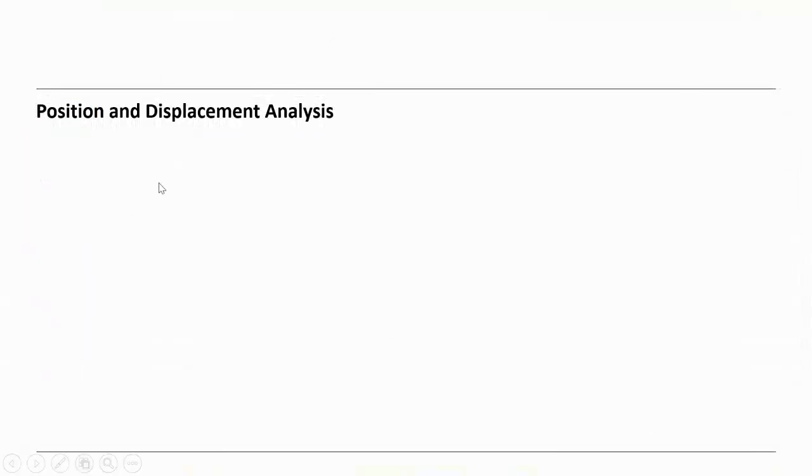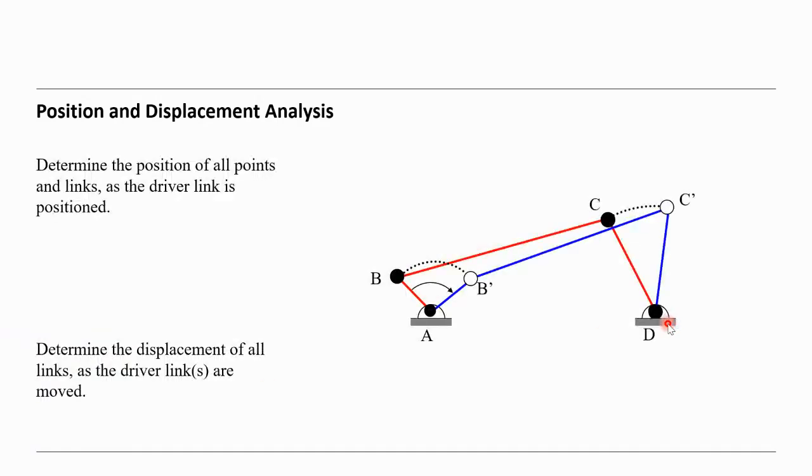So the position and displacement analysis. This is the topic we are going to talk about. So you may remember we talked about the 4-bar linkage mechanism. So you see here the 4-bar.